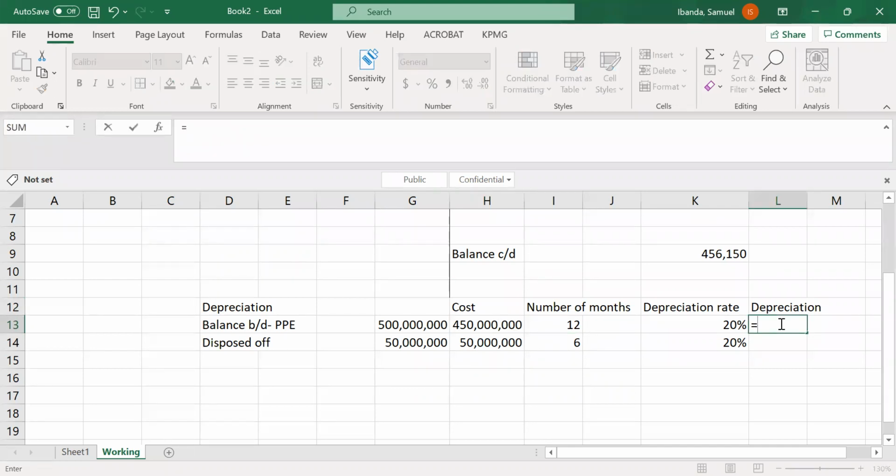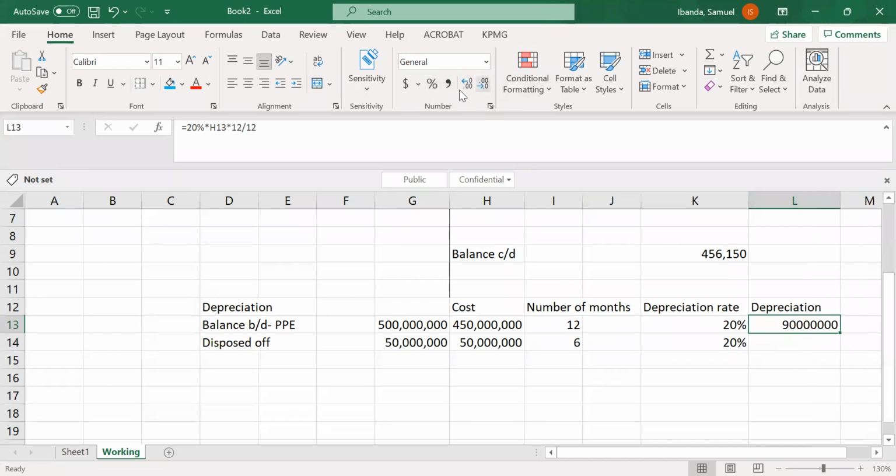So it's just going to be 20% times 450 times 12 out of 12, just to demonstrate for you that because this one existed for all the period. So this gives you 90 million.